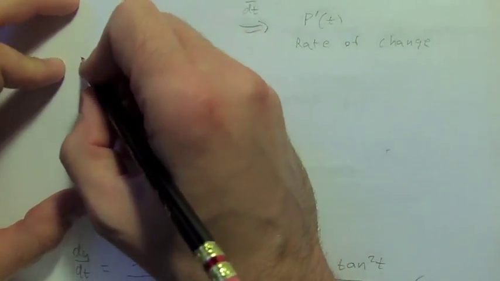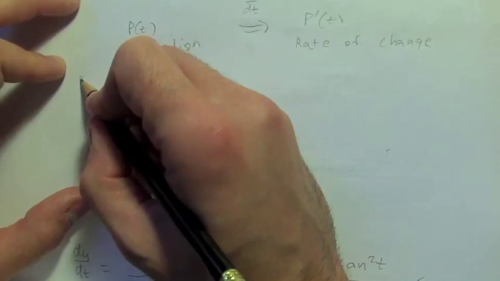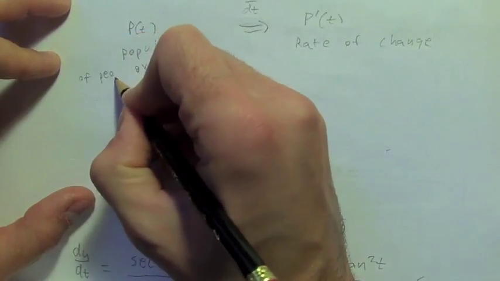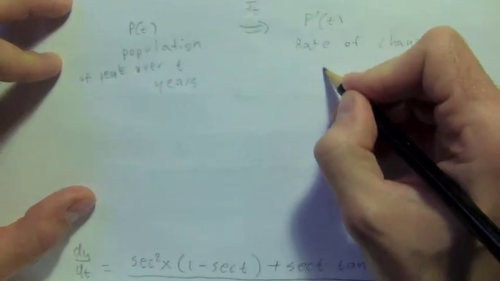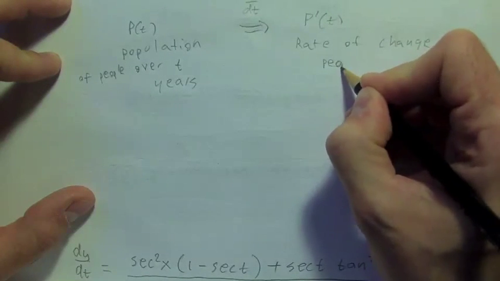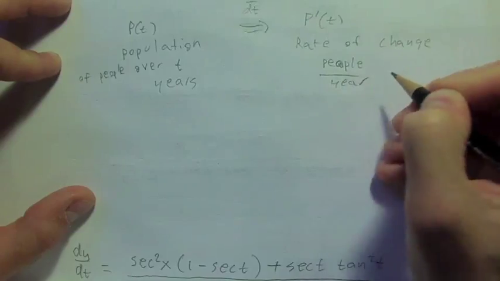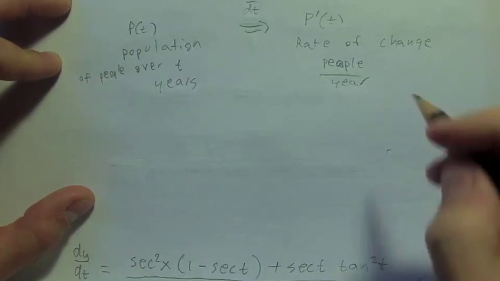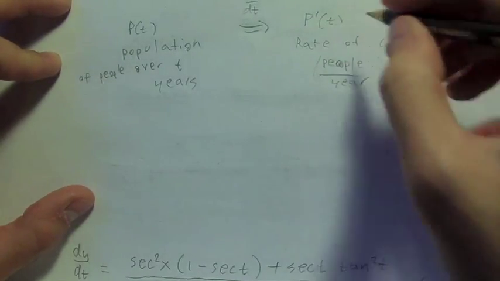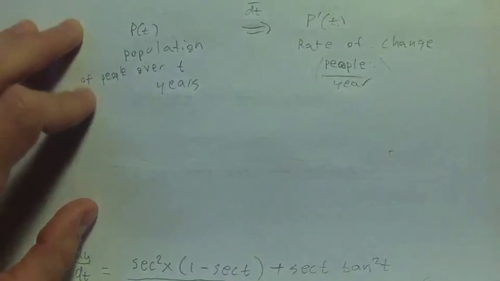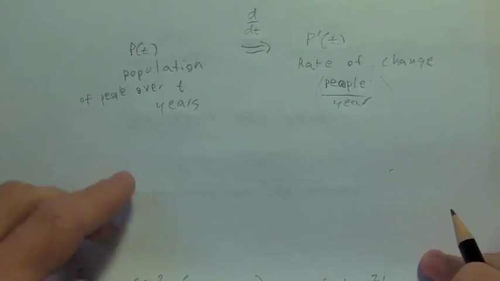So let's say this was people, okay? So this would be people per year. All right? Whenever you look at units of a derivative, it will always be something for something else.